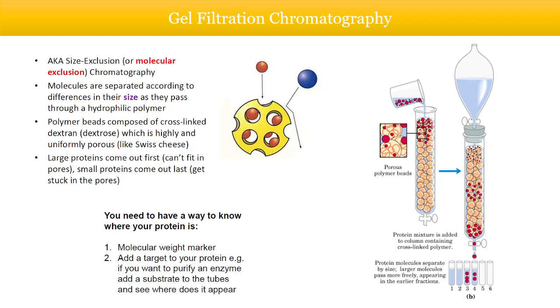Large proteins come out first, small proteins come out last. We need a standard or a molecular weight marker, add a target to your protein which you want to purify, such as an enzyme, add a substrate to the tubes to see where it appears, and you collect it. So it's separating based on the size.